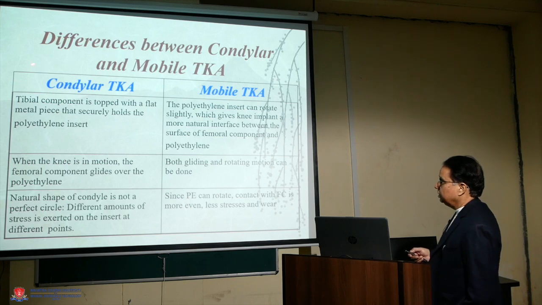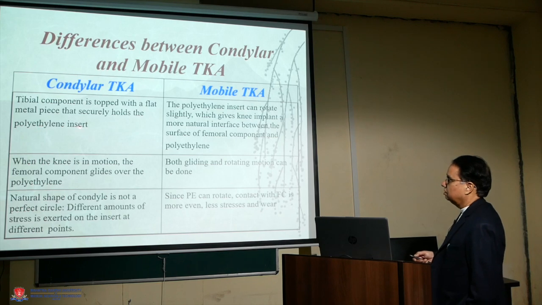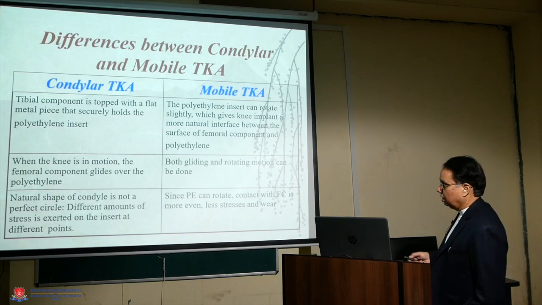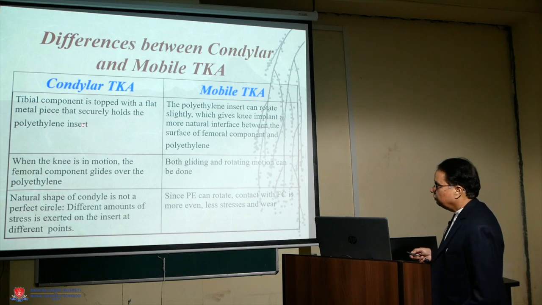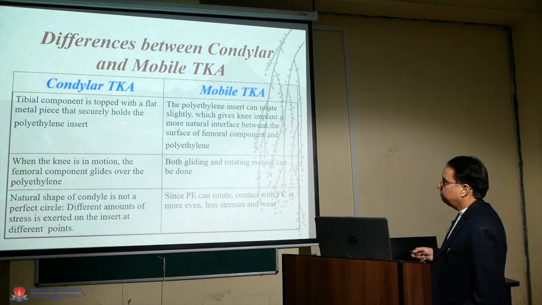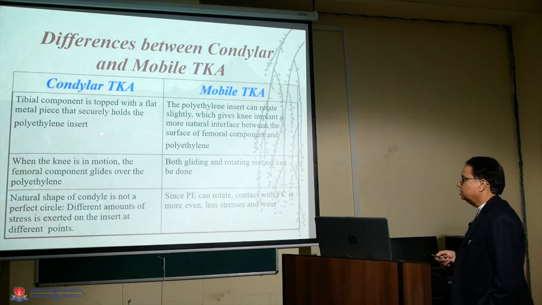So in condylar TKA, the tibial component is topped with a flat metal piece and securely holds the polyethylene insert. This is a tibial component which has been securely topped and polyethylene inserted.